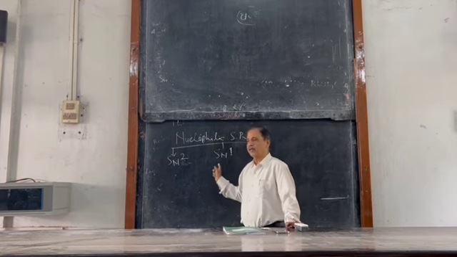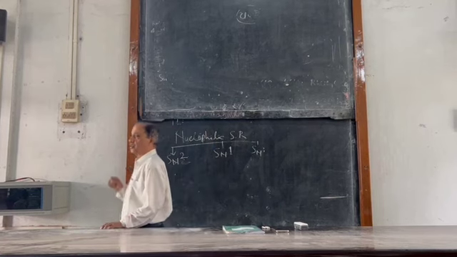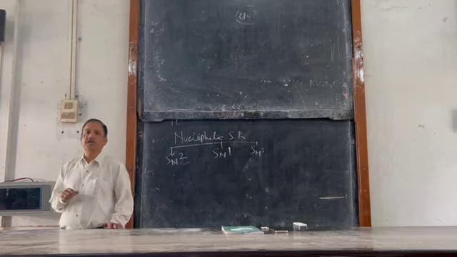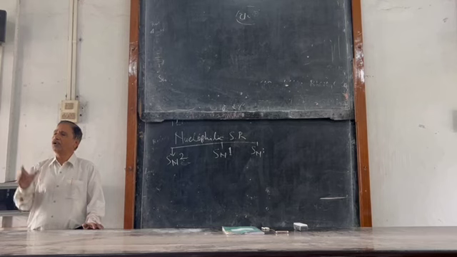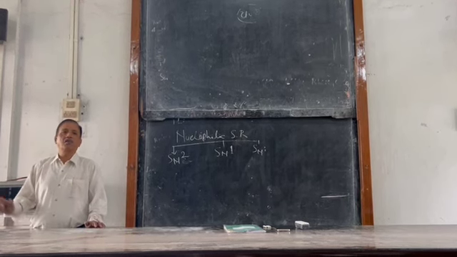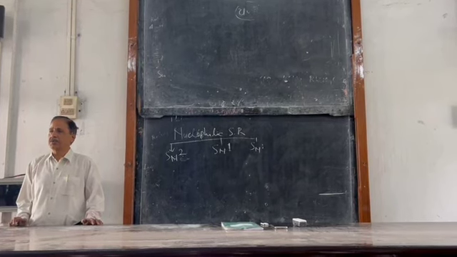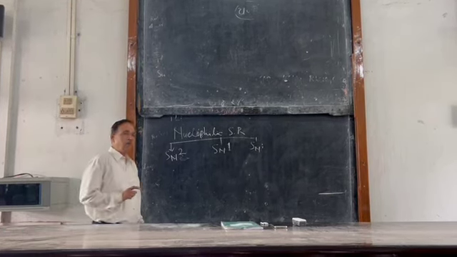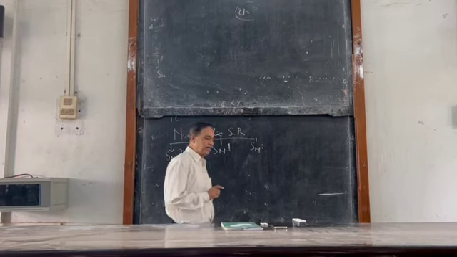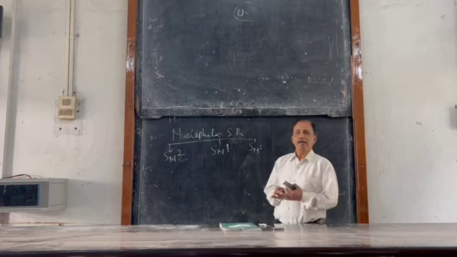Similarly, SN1: when the rate of the nucleophilic substitution reaction depends only on the concentration of the substrate, independent of the nucleophile, then that reaction is known as a unimolecular nucleophilic substitution reaction. Understood?